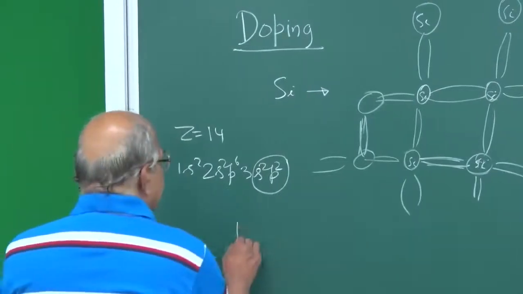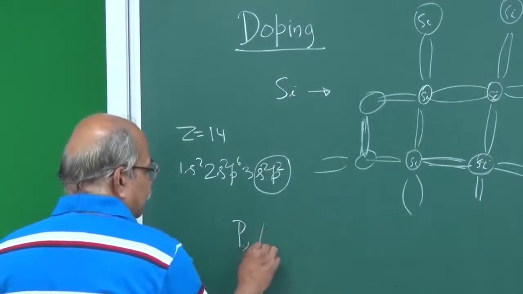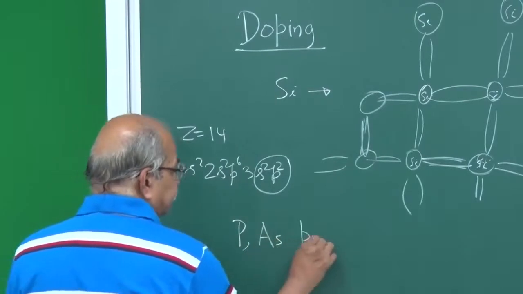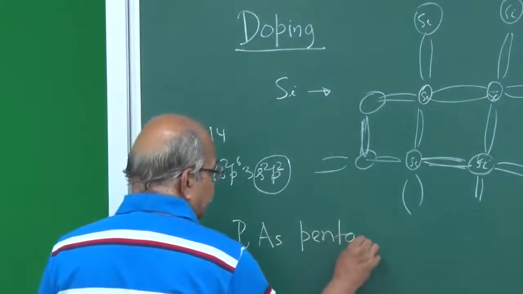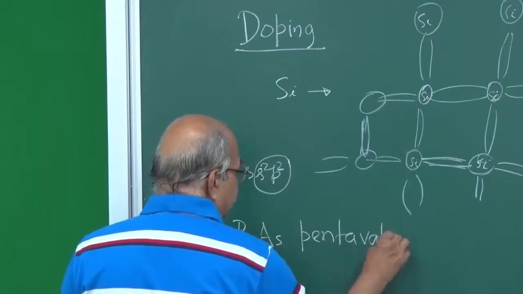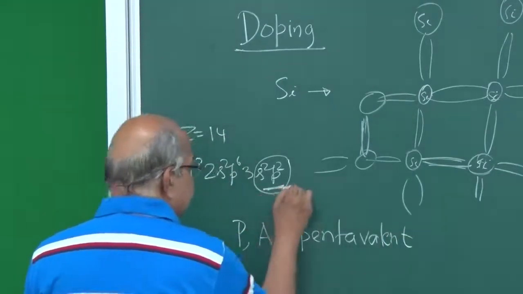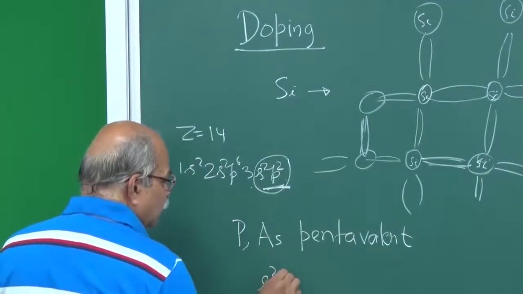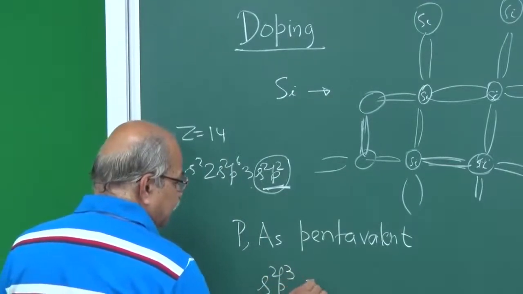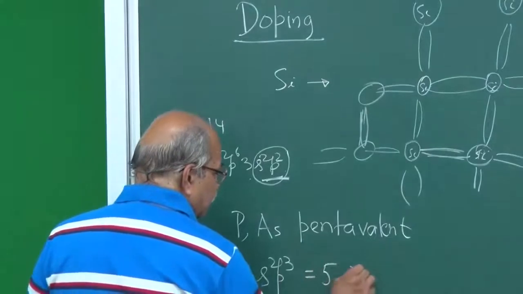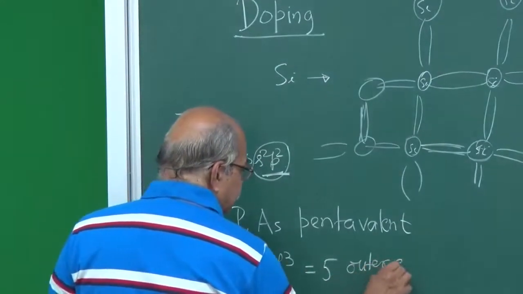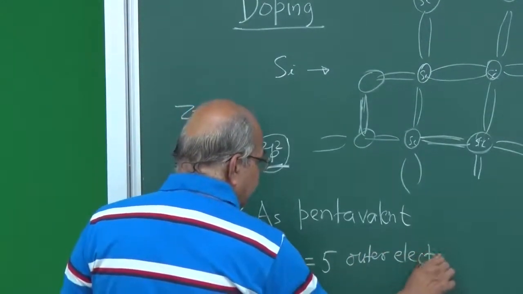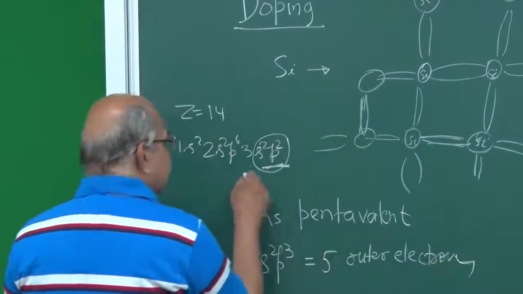These are pentavalent in the sense that the last shell will be s2p3, so 5 outer electrons. Here in silicon you have 4 outer electrons.